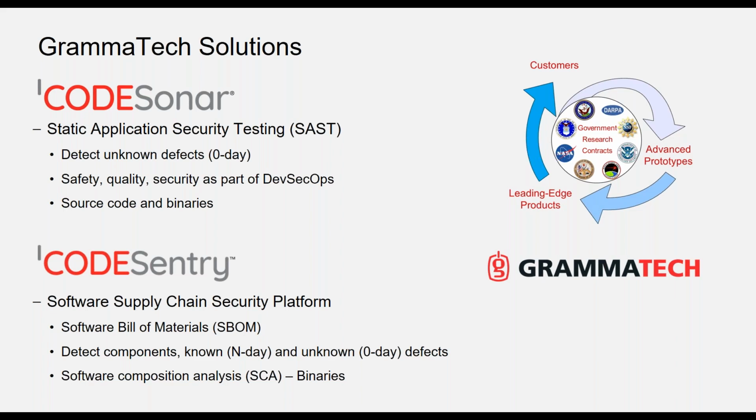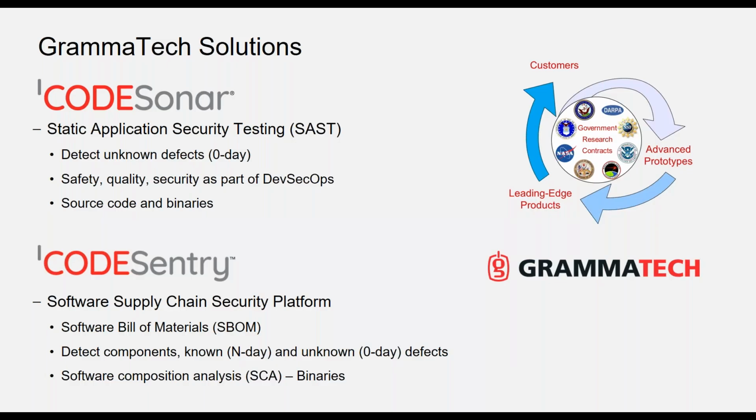One is an R&D division focused more on military projects in the States, and then they have a commercial division where they offer tools for security and vulnerability checking. One of them is Codesonar, which we're going to talk about today, and the other one is Sentry.